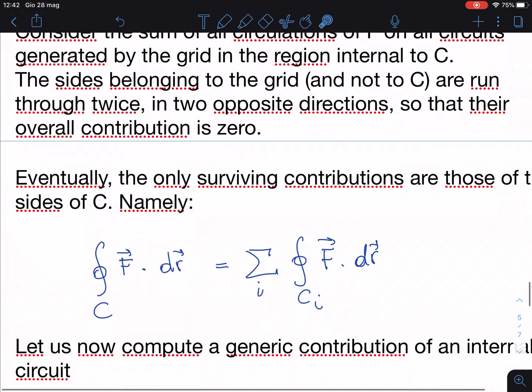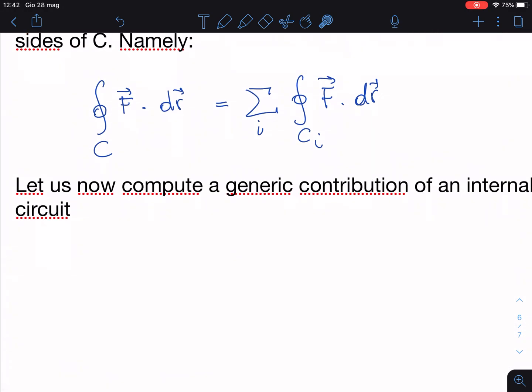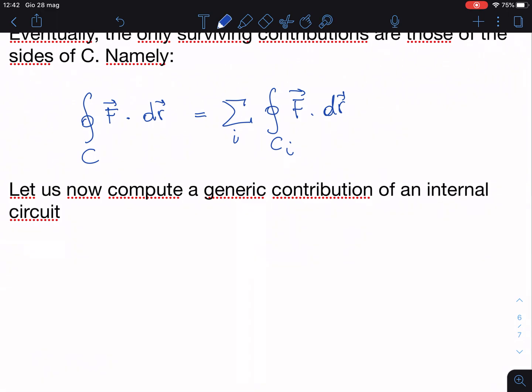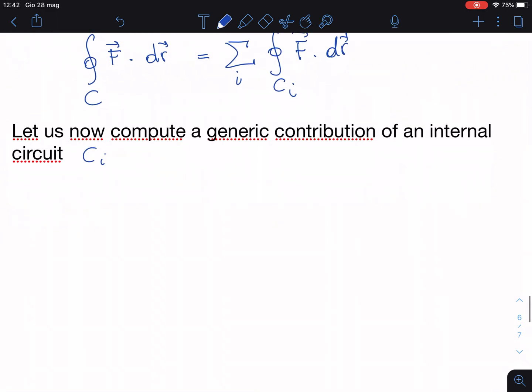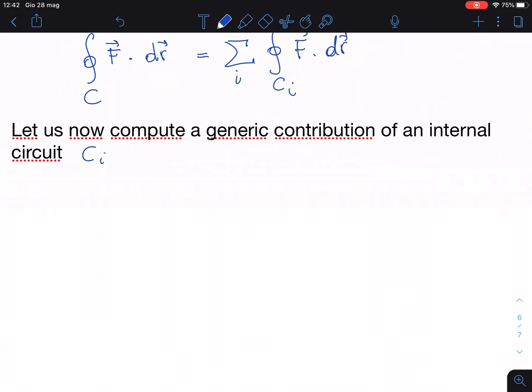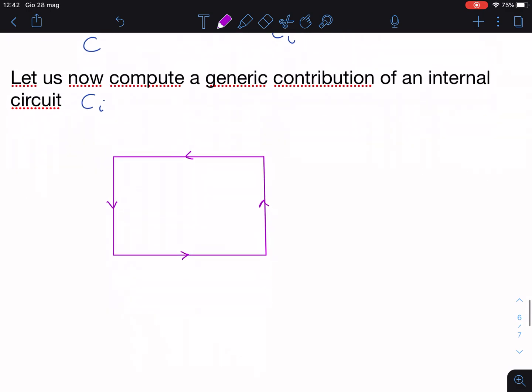We want to compute this Ci. And so let me provide a picture of Ci, for instance. This is Ci, and this is positively oriented like that. And now write here the coordinates of the corners.